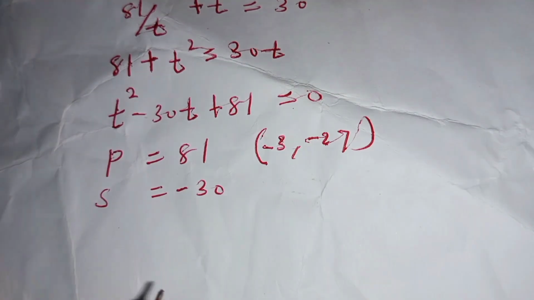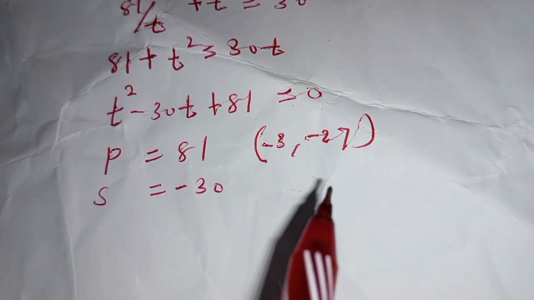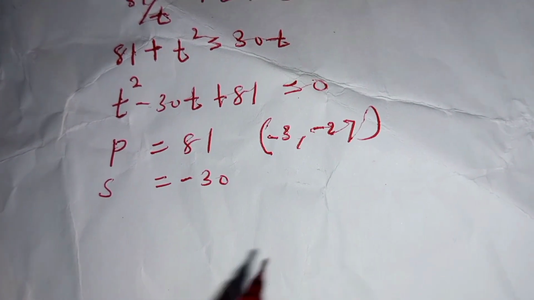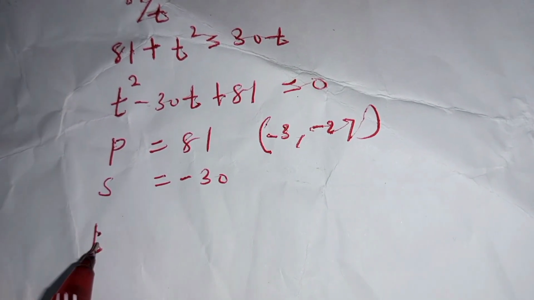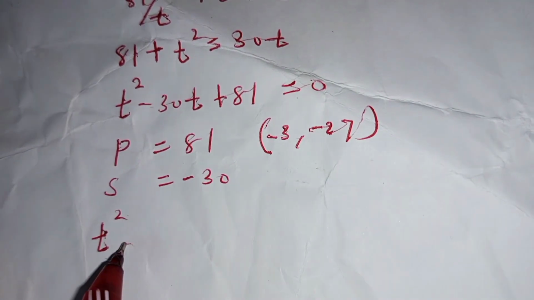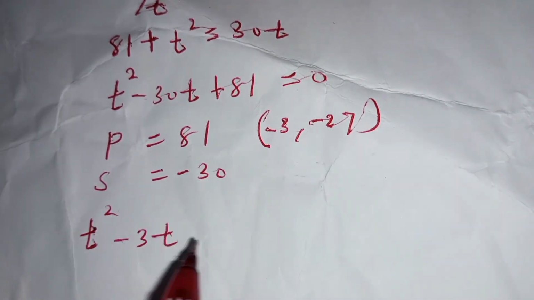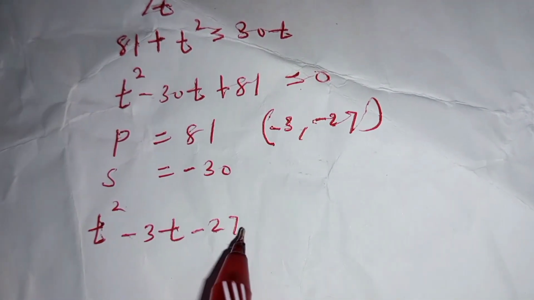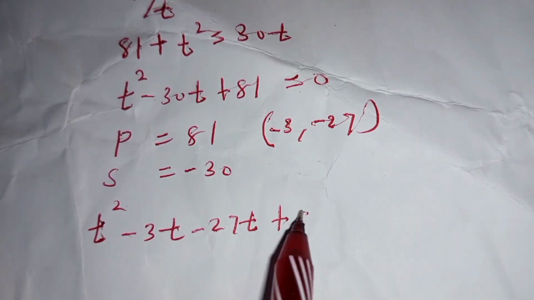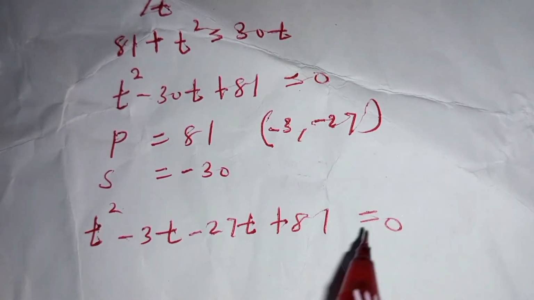Because negative times negative is positive, and negative 3 plus negative 27 is negative that. So we shall have t squared minus 3t minus 27t plus 81. This is equal to 0.